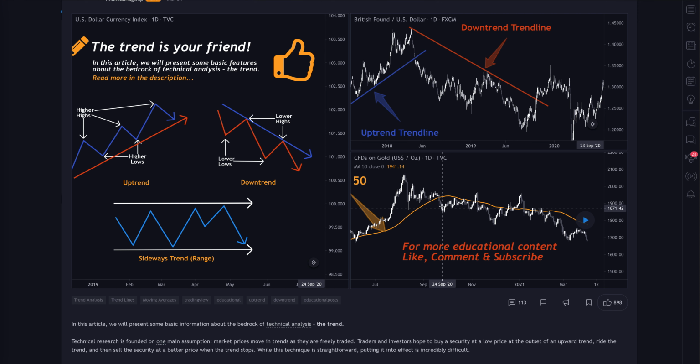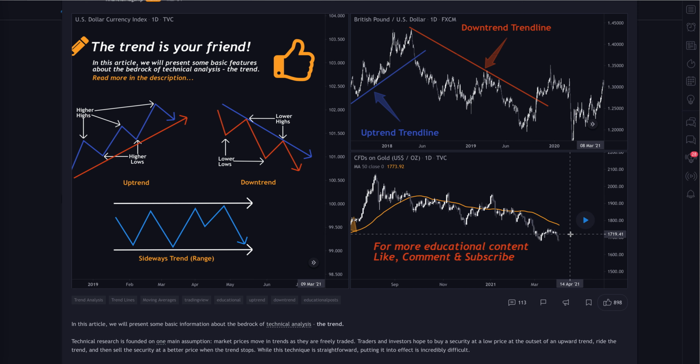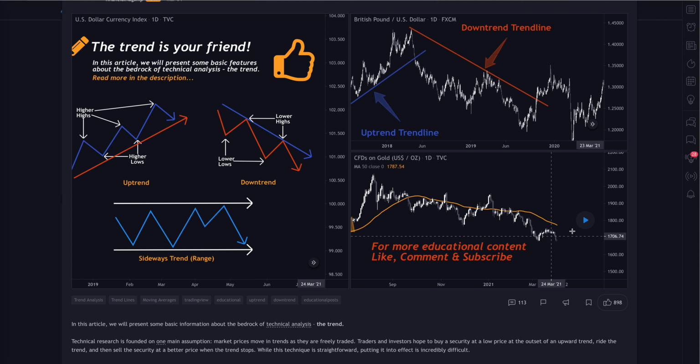And when it breaks that level, it starts a new trend. And this trend for gold, at least, was down, and then it went into a sideways range before bottoming out, creating an uptrend within a smaller time frame, and then continuing lower. And this, of course, is where it's at right now.